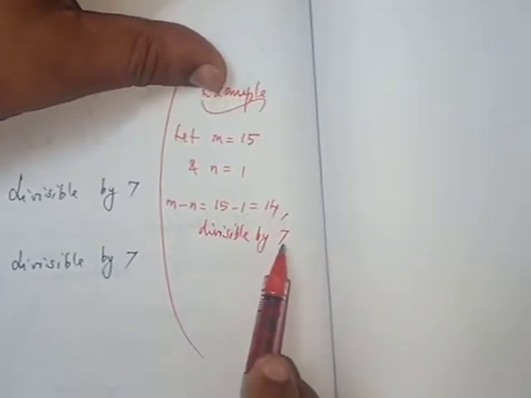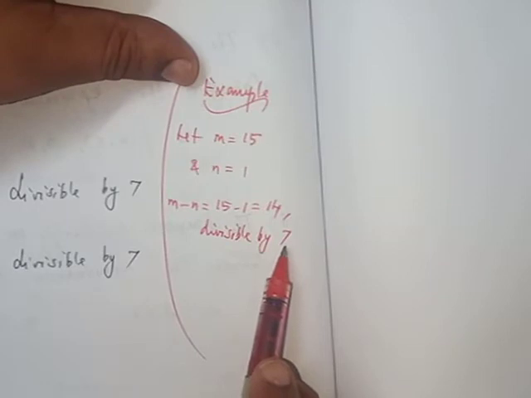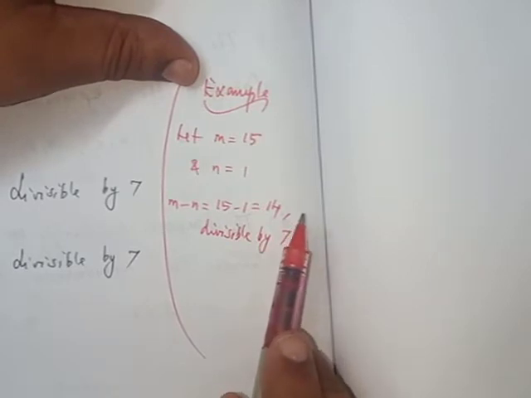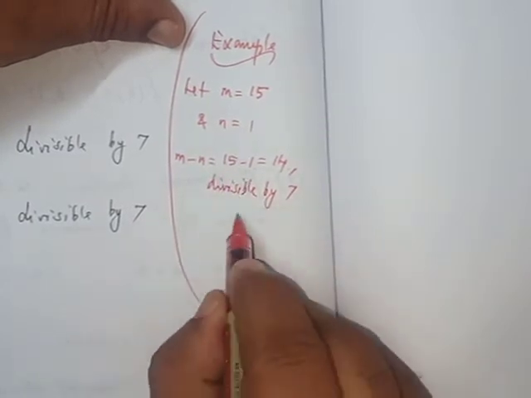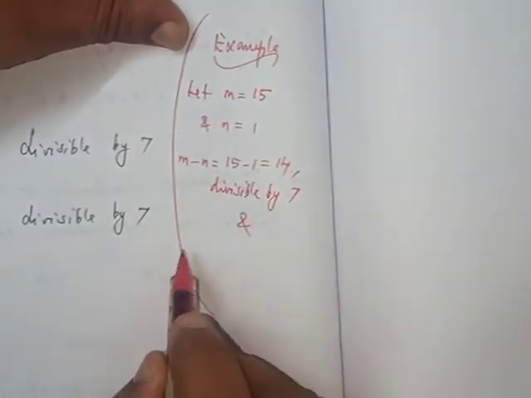If you divide 14 by 7 you get the quotient 2 and remainder 0. That is called divisible. Now the reverse, I take n minus m.